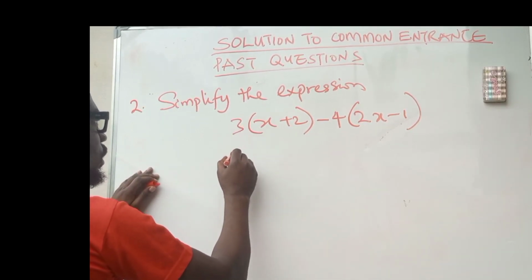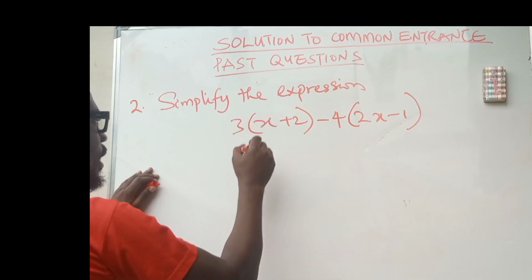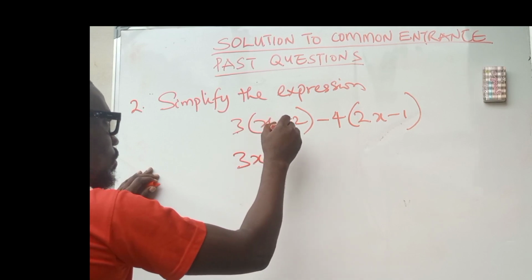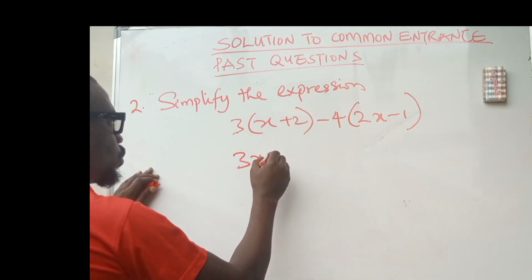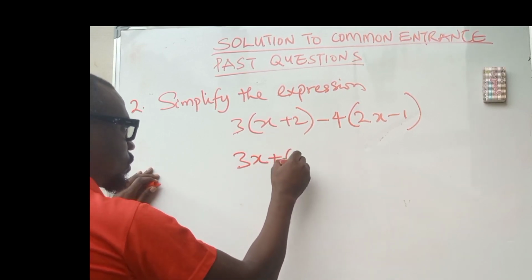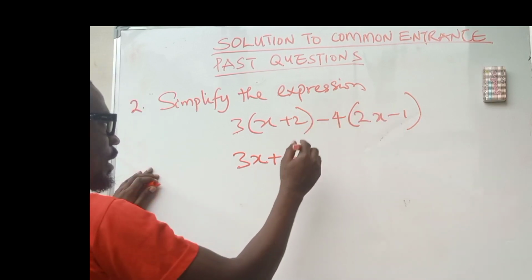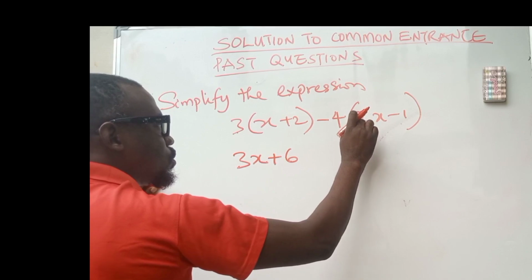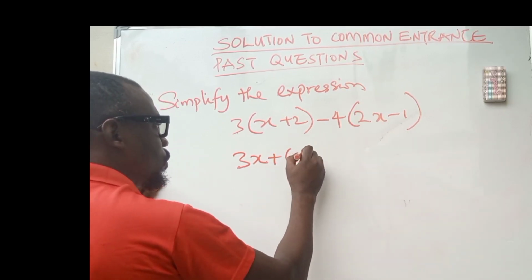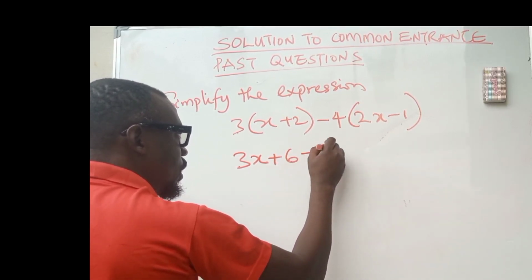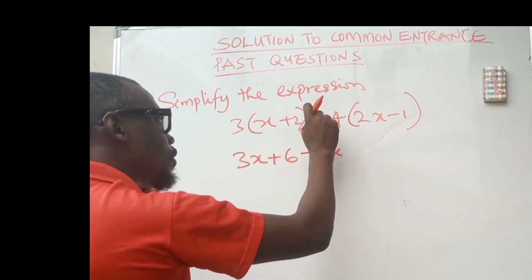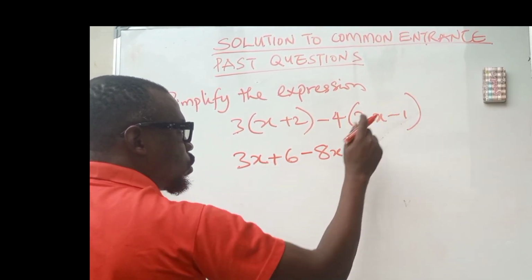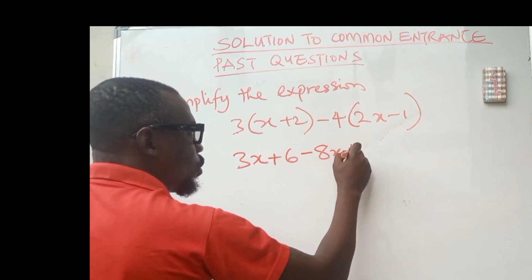So you are going to say 3 multiplied by x, which is 3x, 3 multiplied by plus 2, which is plus 6. Then to this side, we have minus 4 times 2x, which is going to give us minus 8x. Then we have minus 4 times minus 1, which is going to give us plus 4.